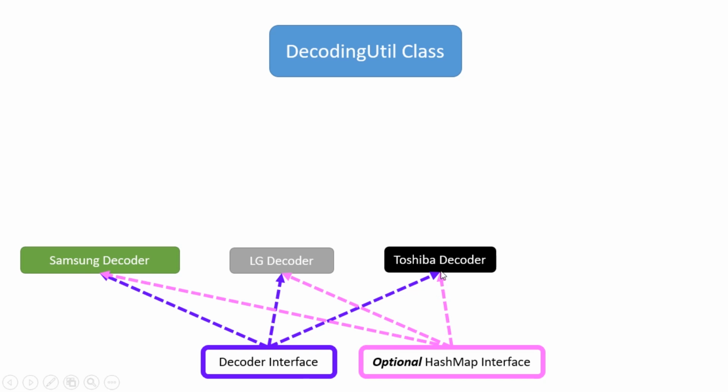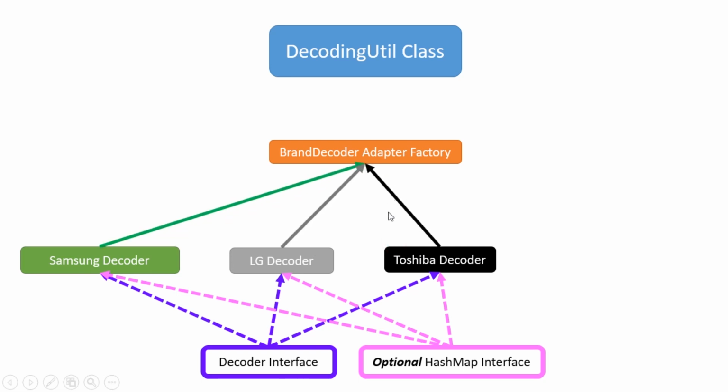And now, after making the Samsung decoder, LG decoder, and Toshiba decoder, every brand decoder, I will make another class called the adapter factory. It's going to be responsible for taking all the decoder implementations, and after taking each of them, it will return the correct type to the decoding utility, providing a high level of abstraction.